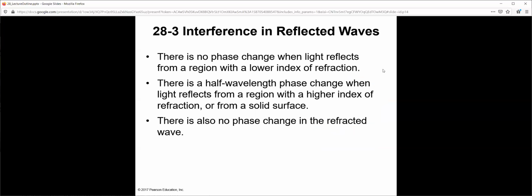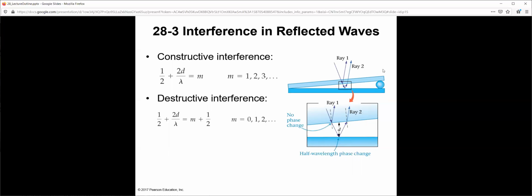Ray 1 reflected off of the lower index of refraction, the lighter color, and ray 2 reflected off the higher index of refraction, darker color, meaning half wavelength phase change, meaning destructive interference. And the equations on the left there go to show that, where the destructive interference is m plus 1/2, meaning the wave is pushed forward or fallen back by half of a wavelength.